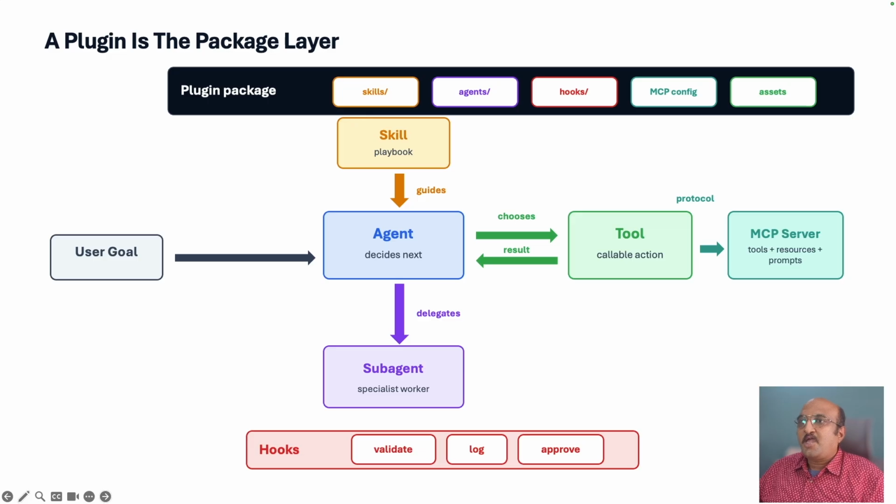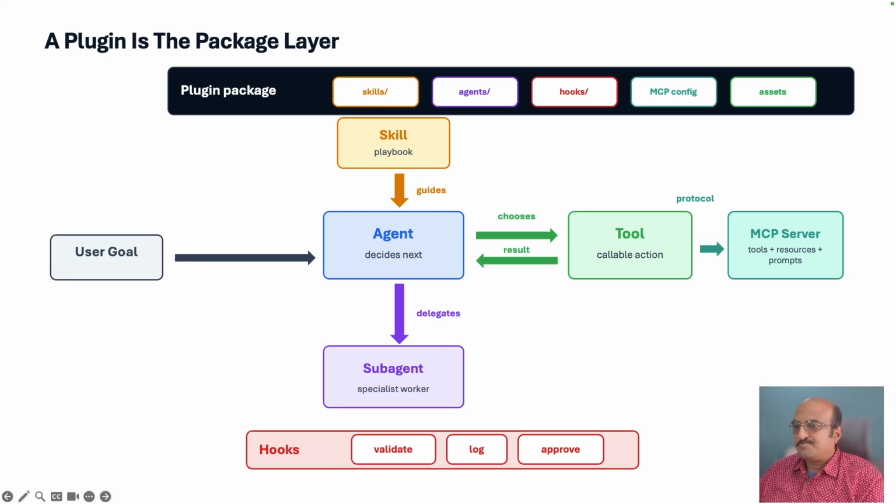So this is like an NPM package of AI configuration that can be distributed across teams. Just like you have an NPM registry, and from the registry you can download an NPM package, a plugin in the AI sense is a distributable package of skills, agents, hooks, MCP configs, and assets.